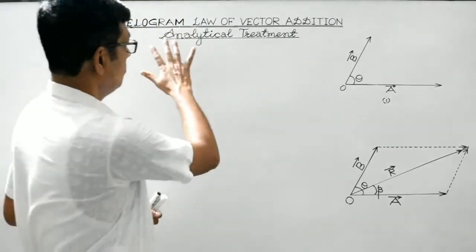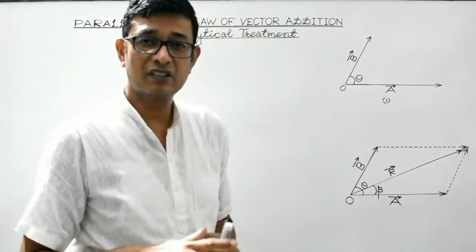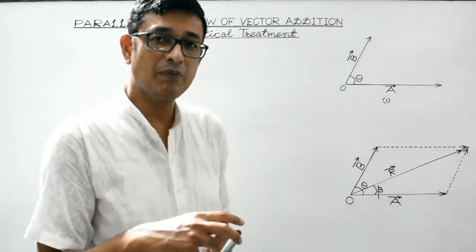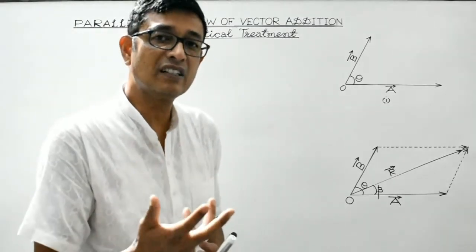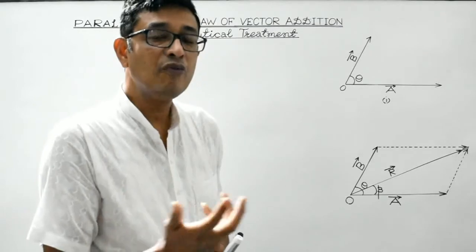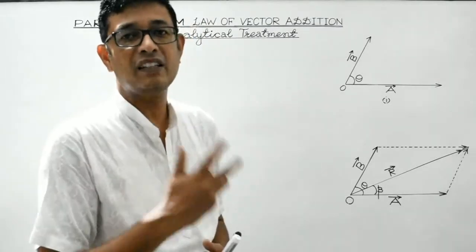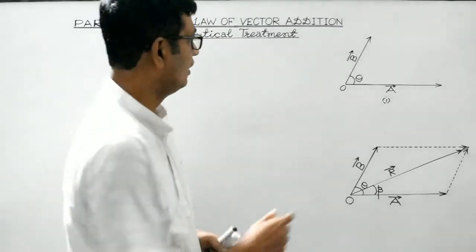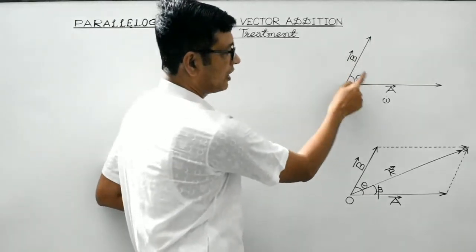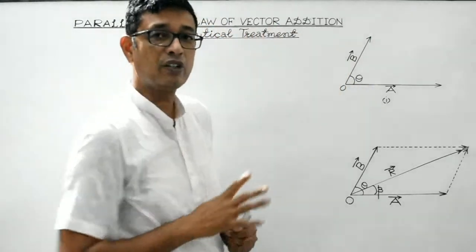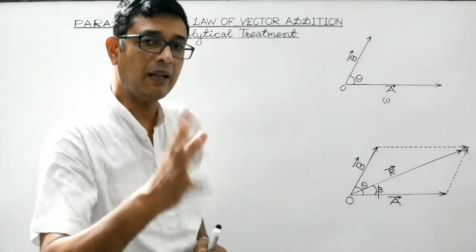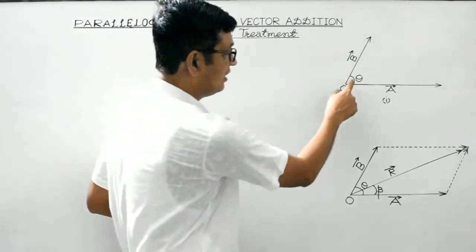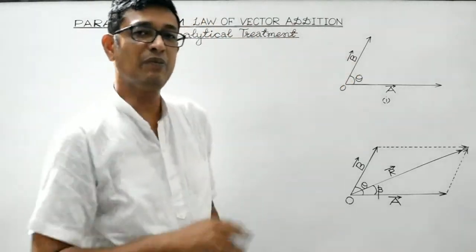Parallelogram law vector addition is the law applicable to find the resultant, its magnitude and its direction, when two vectors are inclined at a given angle. Suppose A vector and B vector are acting at point O on a particle simultaneously, and let theta be the angle between A vector and B vector.